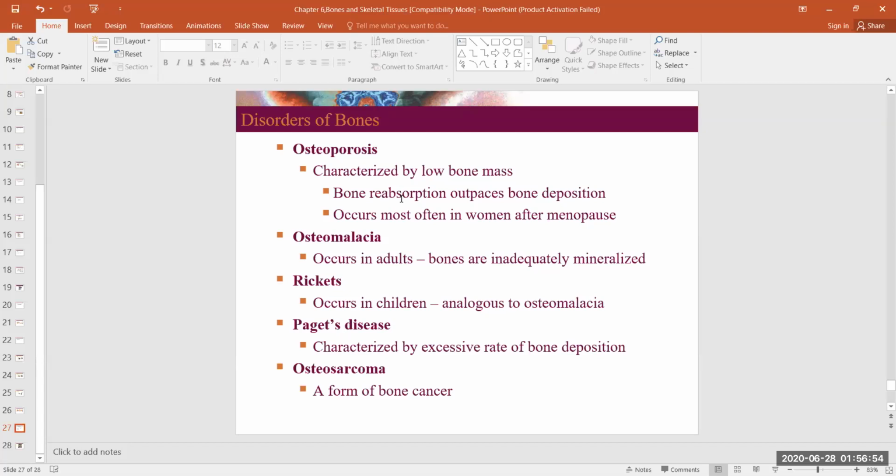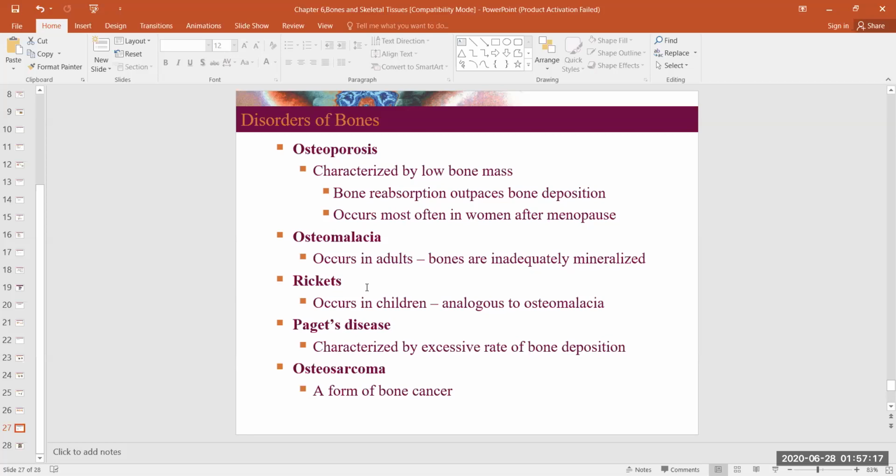Osteomalacia occurs in adults when you have a lack of calcium and phosphate, which usually occurs due to deficiency of vitamin D, which absorbs calcium from your GI tract. Rickets is the brother of osteomalacia in kids, and that is analogous to osteomalacia.